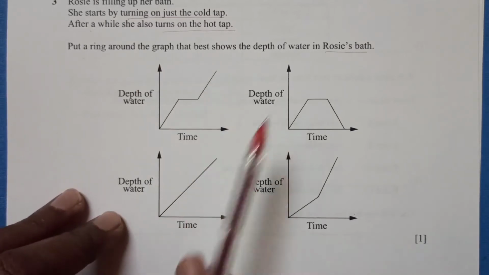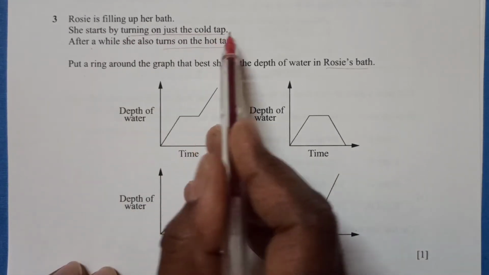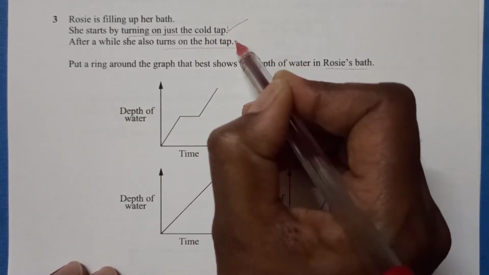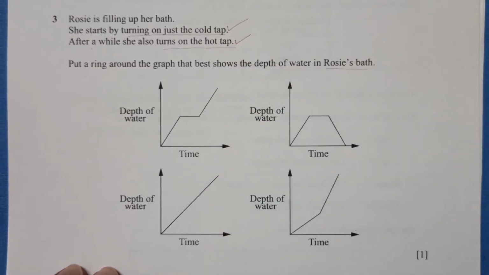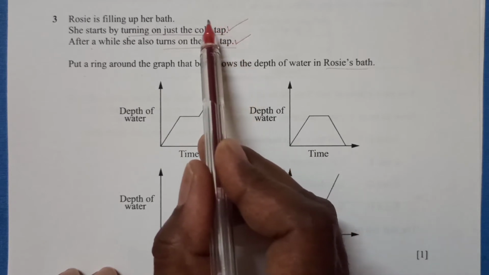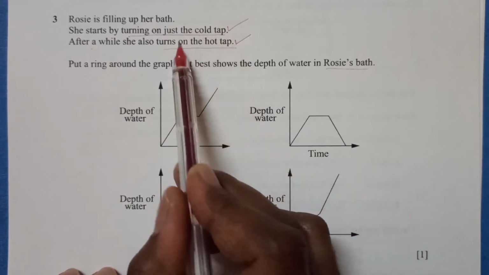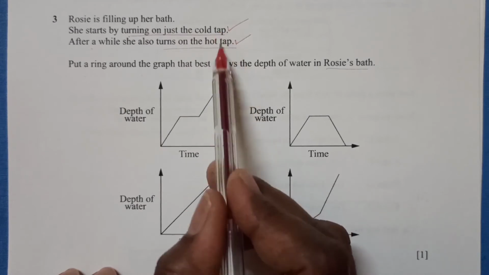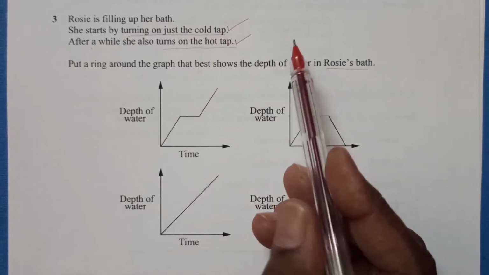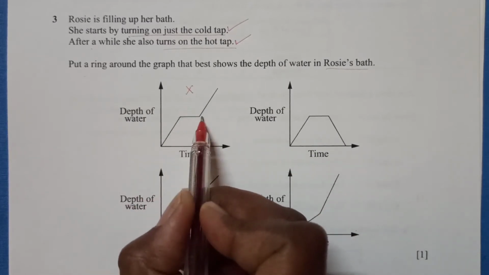But she has not stopped anything. Let me go through the question again. She starts by turning on just the cold tap, then she also turns on the hot tap. So that means the water level should go up more quickly, because water is filling from 2 taps. So this is not the case because there is stability.